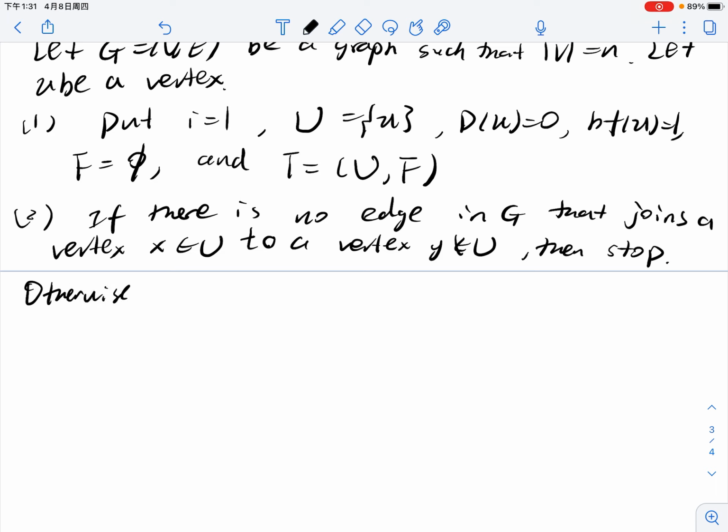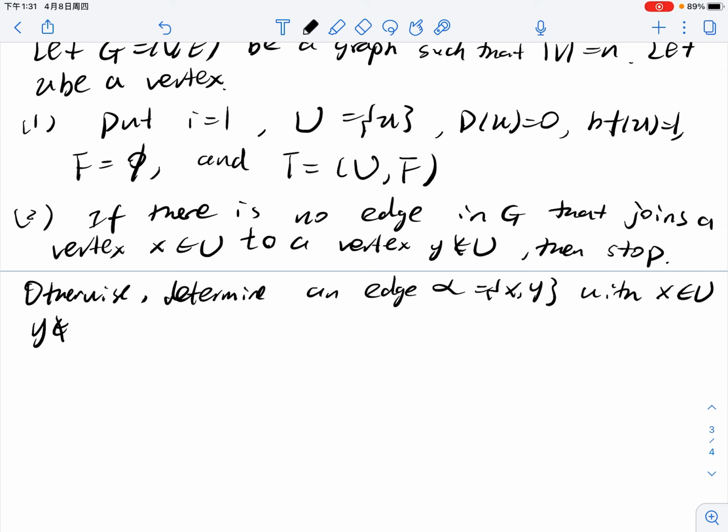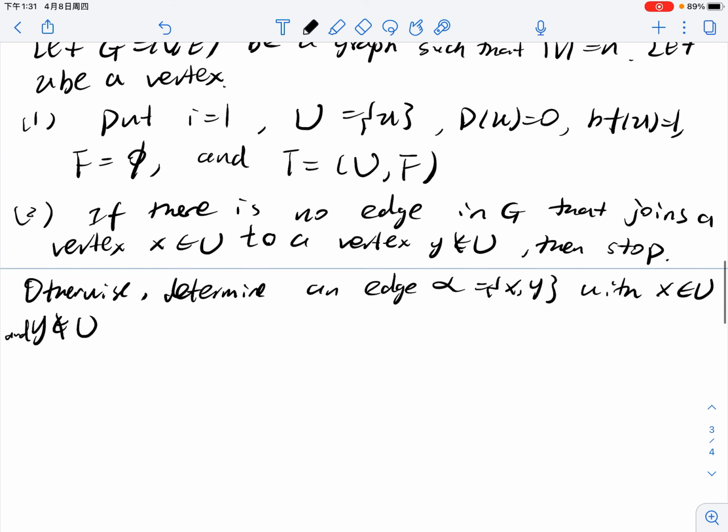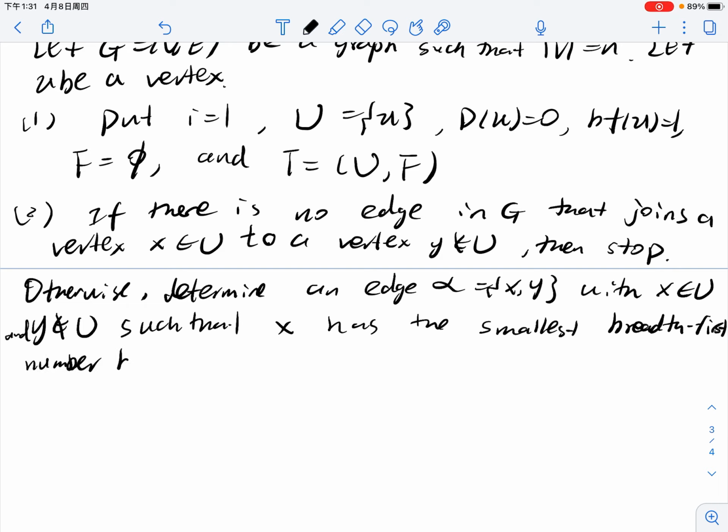Otherwise, determine an edge alpha incident with x and y such that x is in U, y not in U, and x has the smallest breadth first number BF(x).